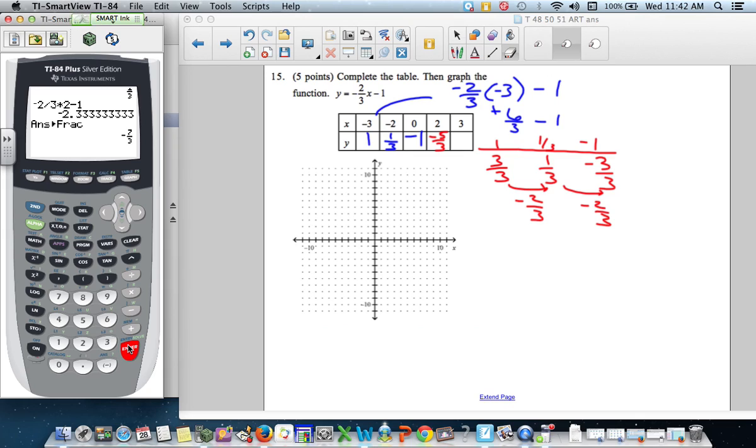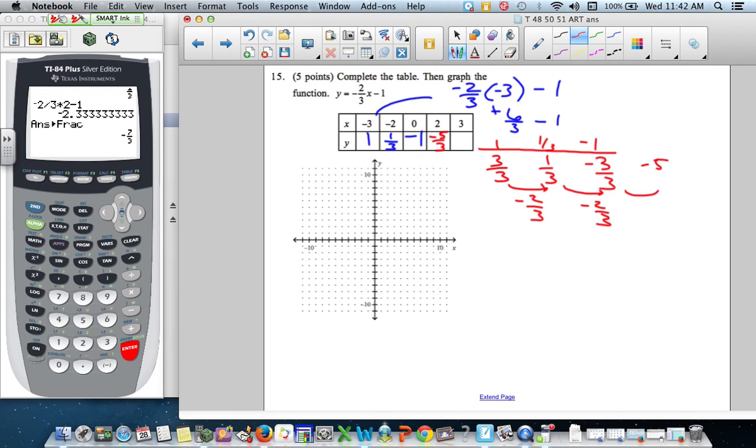I see what I was doing here. They skipped a value. The next one would be -5/3, but that would be for when x is 1. And this jumps to 2. So that's why this one is -7/3. And then the next one would be -9/3, which is -3.